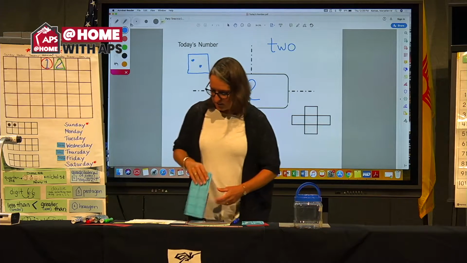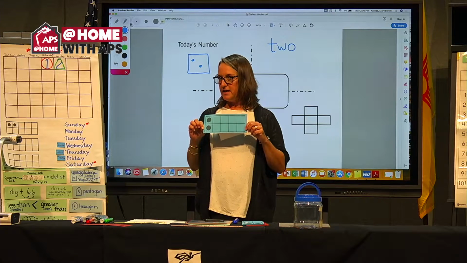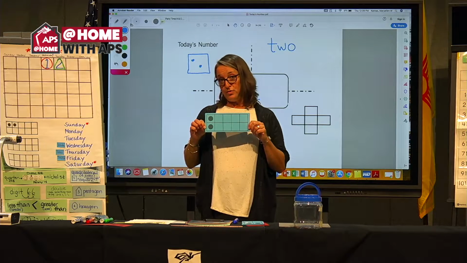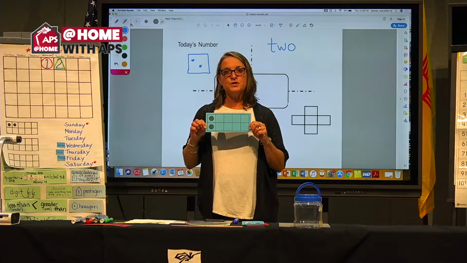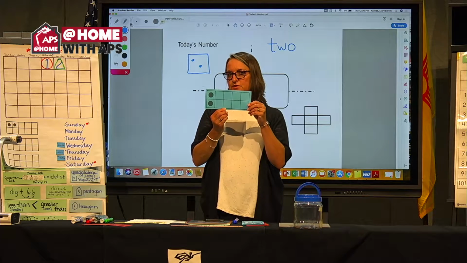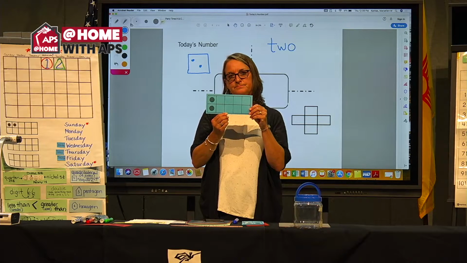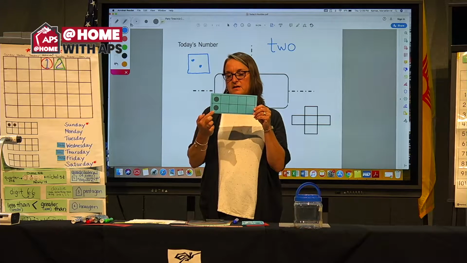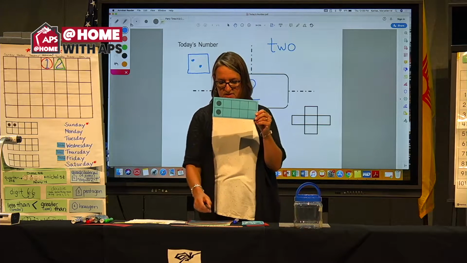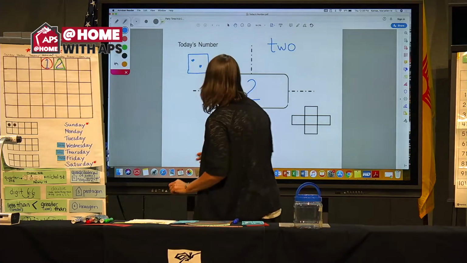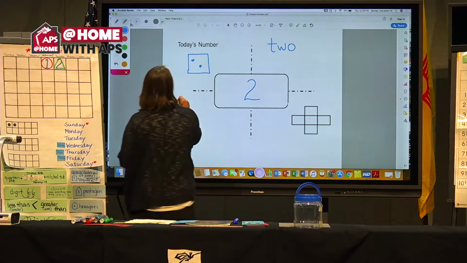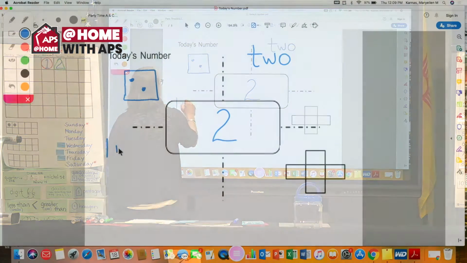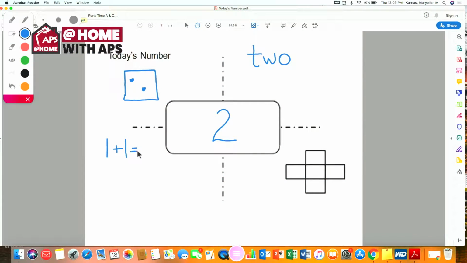Could we represent it with addition? Let's take a look at our doubles frame for 2. How could we show this as an addition problem that would equal 2? You're right, it would be 1 plus 1, and that gives us 2. So that's another way that we can represent 2.